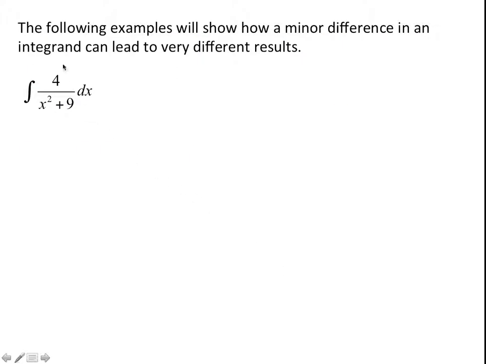So for instance, we have this, and we haven't integrated anything like this before. We're actually going to learn to integrate this the long way later in this unit. But if we look at this pattern here, it matches up with a pattern that's number 19 in the front of your book, with the reversal on the denominator here.